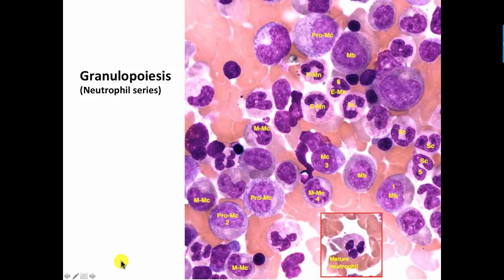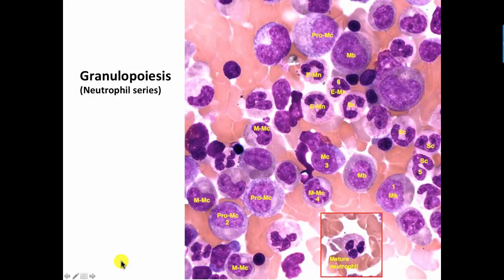endocrine growth factors, the colony stimulating factors, which are produced by the stromal cells, by macrophages, connective tissue of bone marrow, and by other organs outside of the bone marrow. For example, erythropoietin is produced by the kidney and it stimulates the erythrocyte lineage.